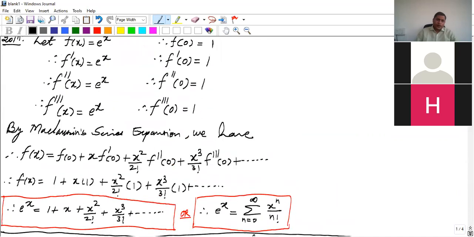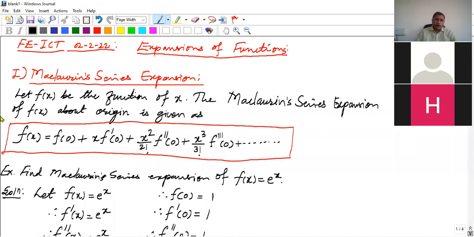Now you can try to identify the difference. Here, this is the formula: f of x is equal to f at 0 plus x times f dash at 0 plus x squared by 2 factorial f double dash at 0 plus x cubed by 3 factorial f triple dash at 0 and so on.